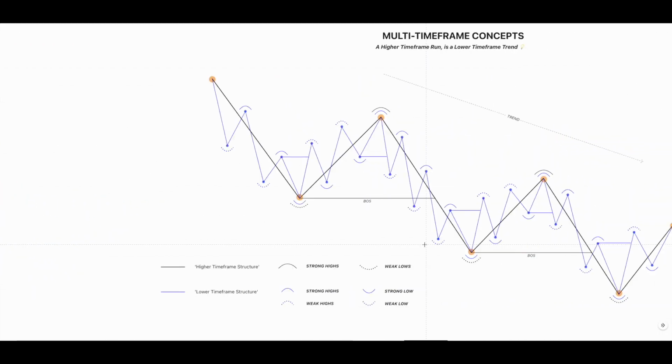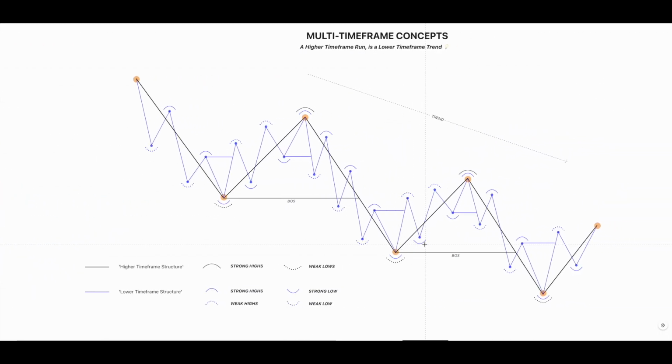So here we're looking at exactly the same price model, but we've just layered on the concept of strong and weak highs and lows. And as we know, the higher time frame structure is in black. So here we have our strong protected swing highs, right, because they have taken out these weak lows. And then looking at the lower time frame trend in blue, here you can see that we were clearly bearish, making lower lows and lower highs, meaning that these highs were strong and we expect them to be protected.